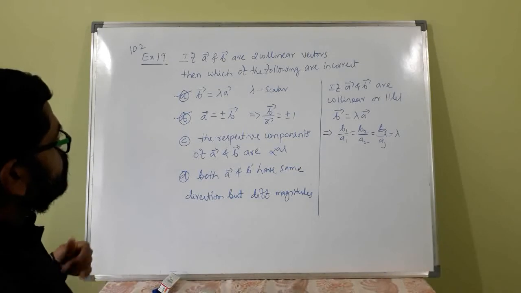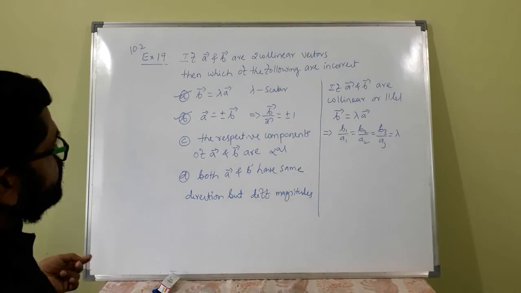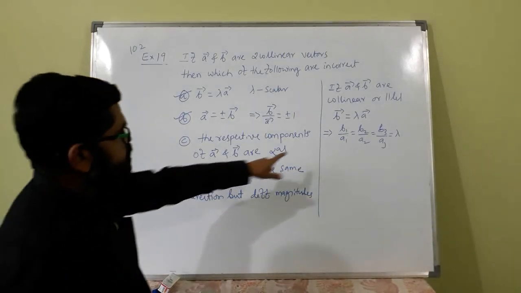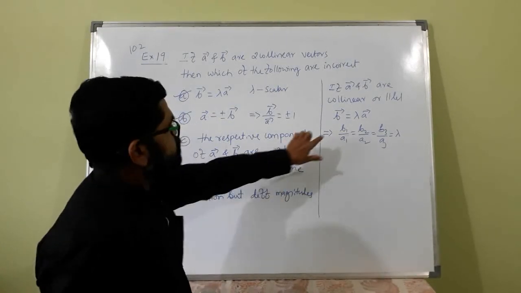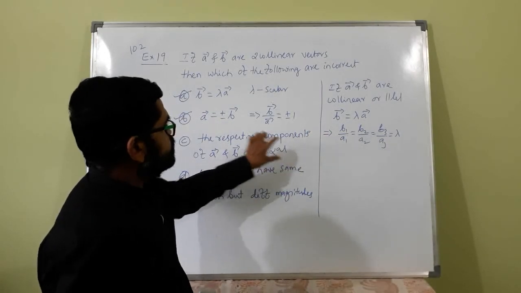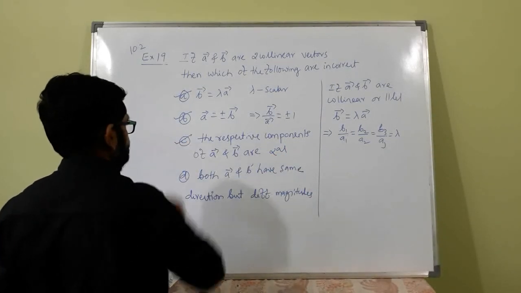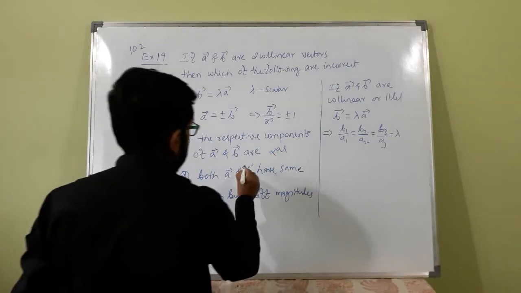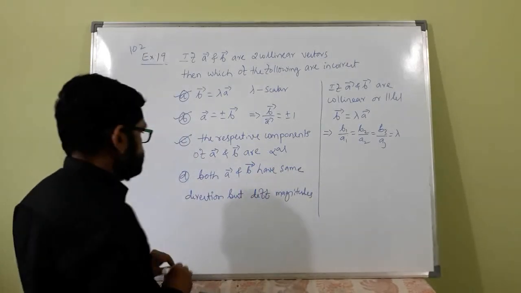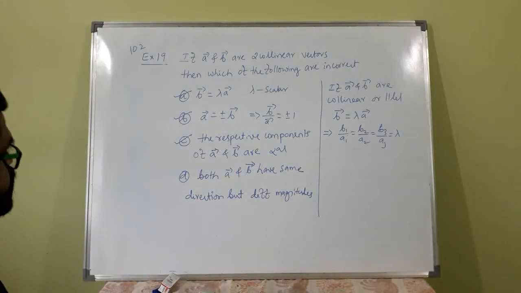The respective components of A and B are proportional. That means this condition. This is the same as mentioned here in statement form. Both mean the same. So this is also correct. Both A and B have the same magnitude, same direction, but different magnitudes.